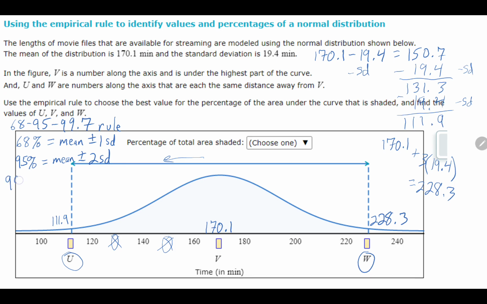And then 99.7% is equal to the mean plus minus 3 standard deviations.